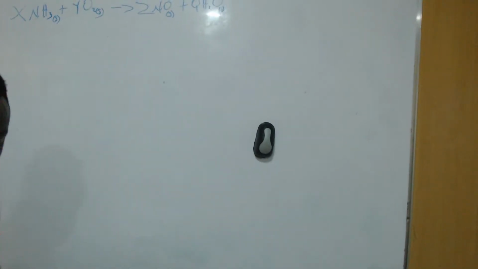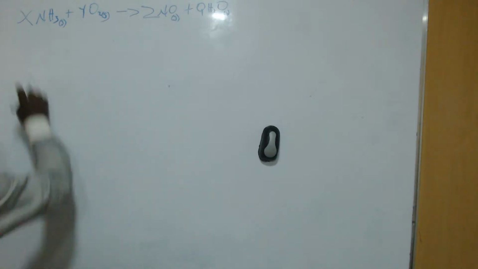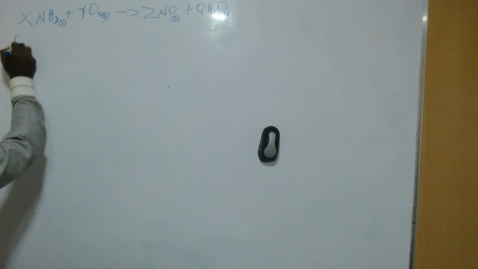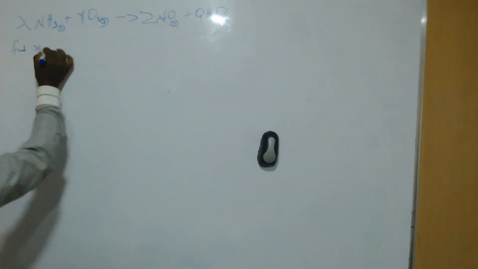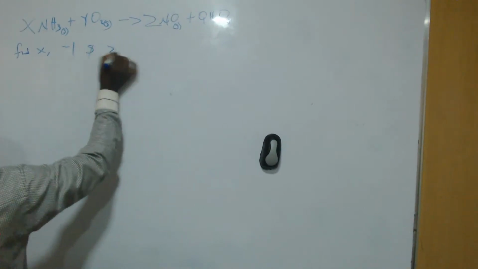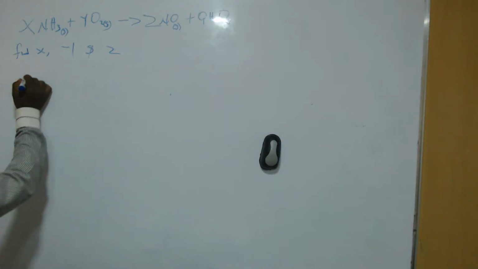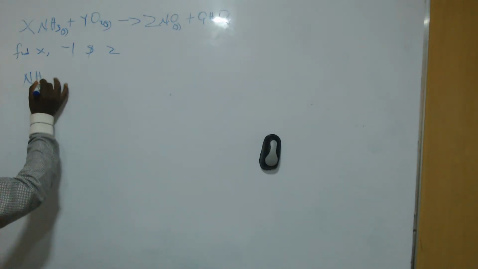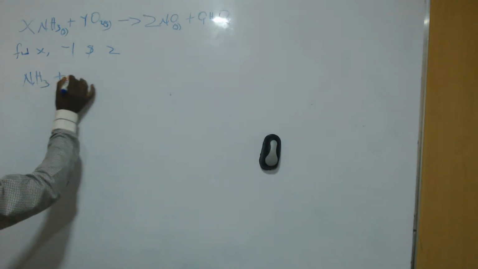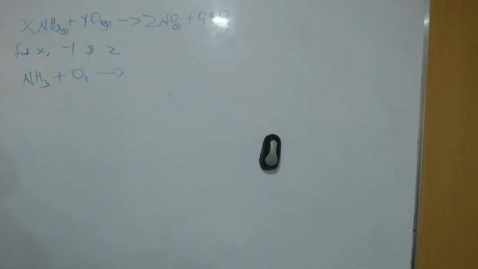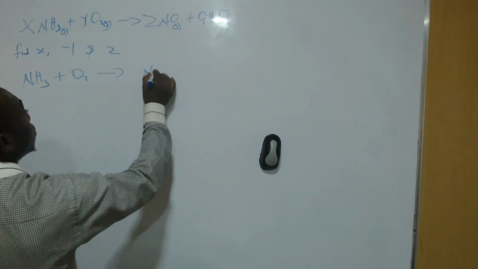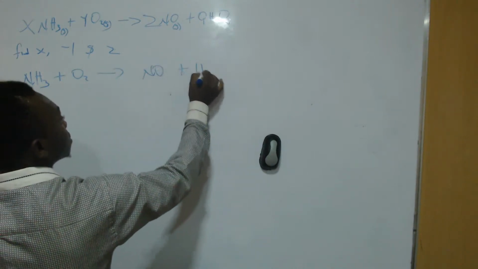So now we have been asked to find what these alphabets represent. Now we find X, Y, and Z. Now, first they are telling you to balance this equation. So you write it without putting those alphabets. This is NH3 plus oxygen, and then I'll give you NO plus water.